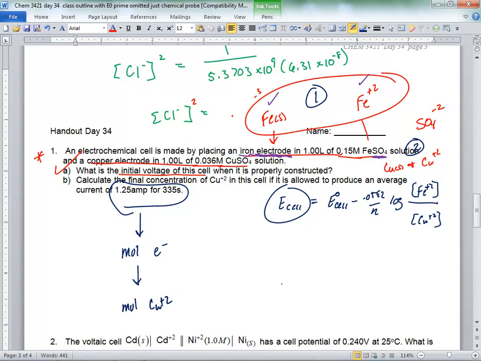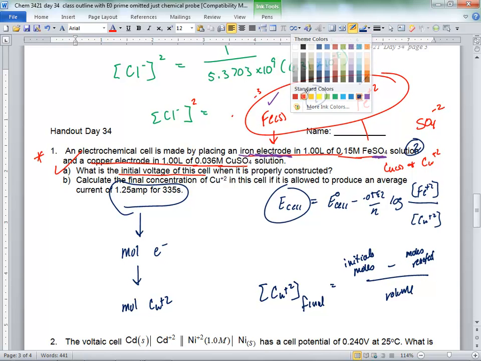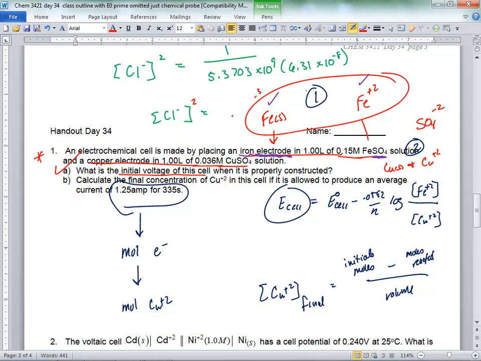And then the copper +2 final concentration would be the initial moles minus the moles that reacted, all over the volume. So how do you get the initial moles?